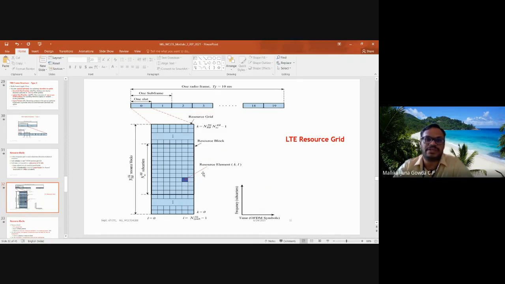Then if I consider normal CP, 7 OFDM symbols and 12 subcarriers, that is 12 into 7, 84 resource elements, which leads to one resource block. Like that we allocate the resources to the users.